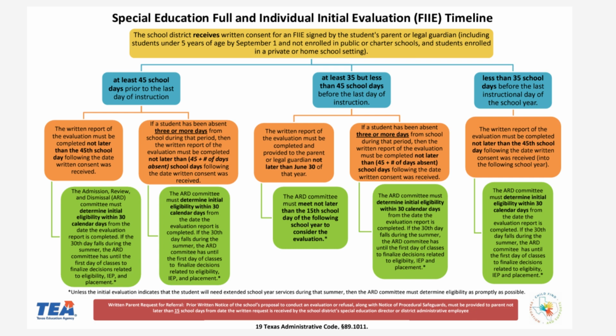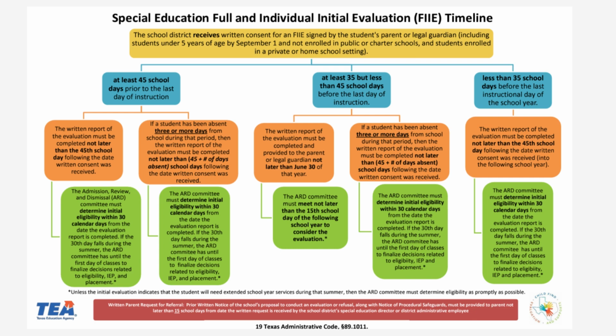Less than 35 school days before the last instructional day of the school year, the written report of the evaluation must be completed no later than the 45th school day following the day written consent was received, into the following school year.